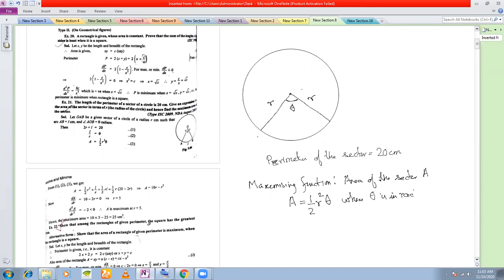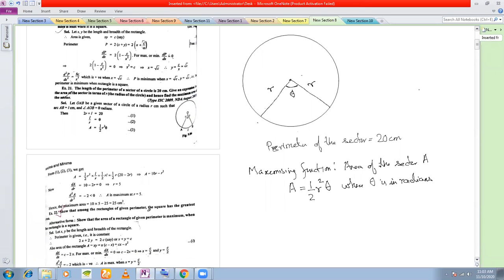Remember this relation or not? If you don't, then please remember this. If the angle is given in radians, theta, and the radius is r, then the area of the sector will be half of r square theta.